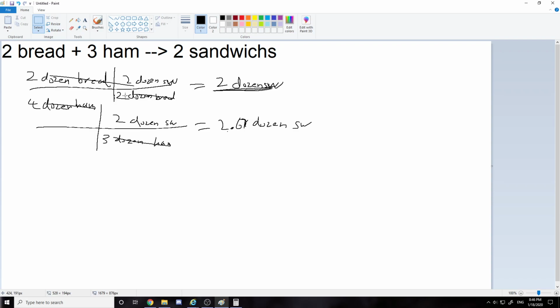Take a pause and think about it. Well, why don't we just find how many slices of ham is needed to make 2 dozen sandwiches? Right? You take your 2 dozen sandwiches, and you convert that to how many slices of ham is needed for that.